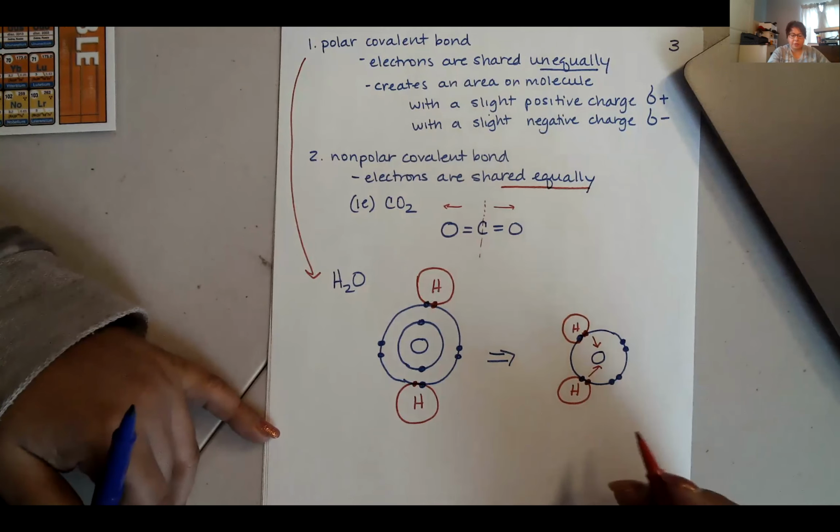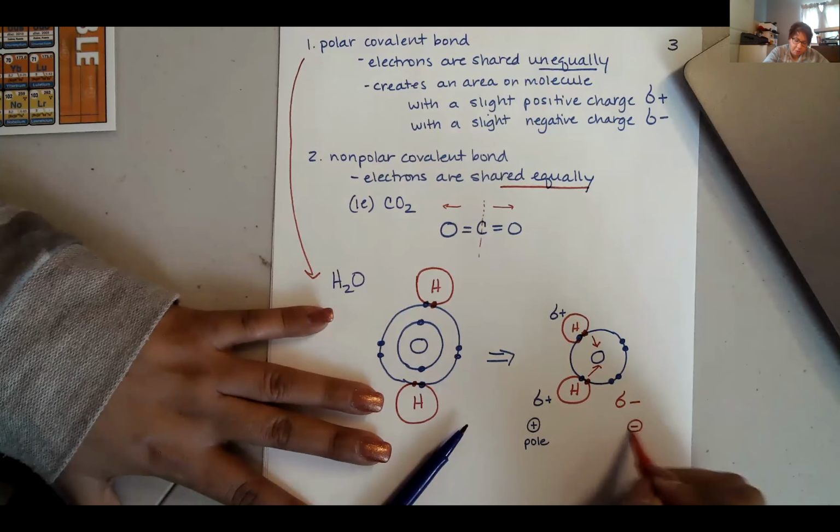What you leave behind is a slight positive charge on each of the hydrogen atoms. So this is what we mean by a polar covalent bond. Things are shared, but they're shared unequally. So you have a slight positive pole, and you have a slight negative pole.